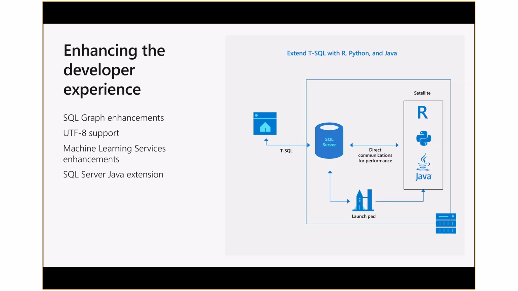Besides the Java extension, for example, UTF-8 support was also a highly requested feature for a long time. We did some enhancements with regards to SQL Graph. A pretty new thing, not that much used as of now. I don't know if anybody has experimented with SQL Graph. The idea is not to have another graph database. That would be the wrong approach, but to have a graph-like query language on top of your relational tables.